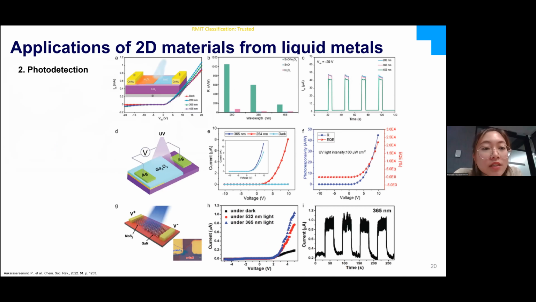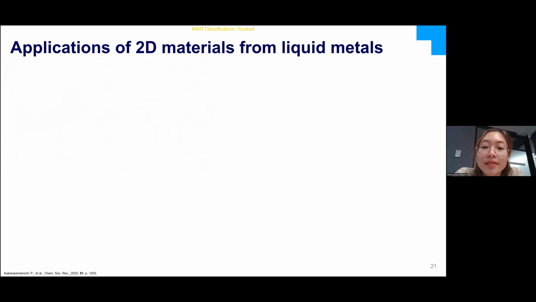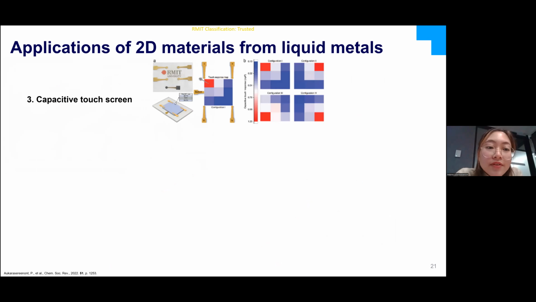Another application that we could look at is photodetection, where the first row is actually the indium oxide and tin monoxide heterostructures that we talked about in the previous slide. It also has other applications, such as capacitive touch screens.